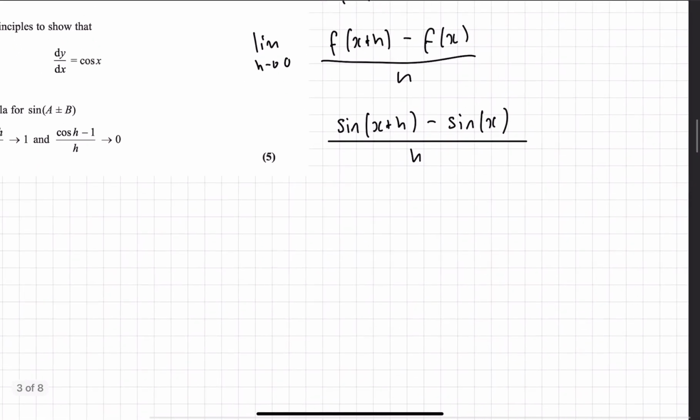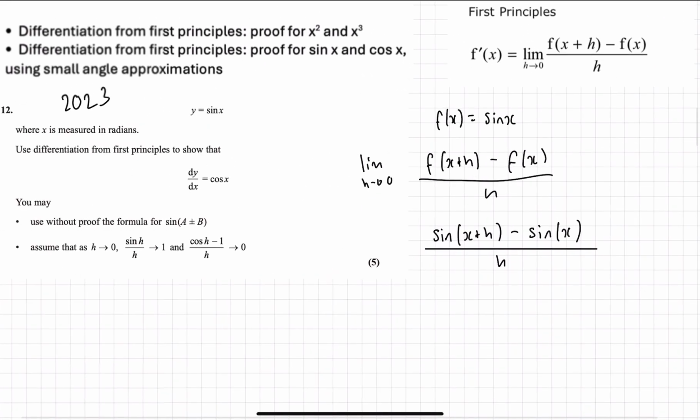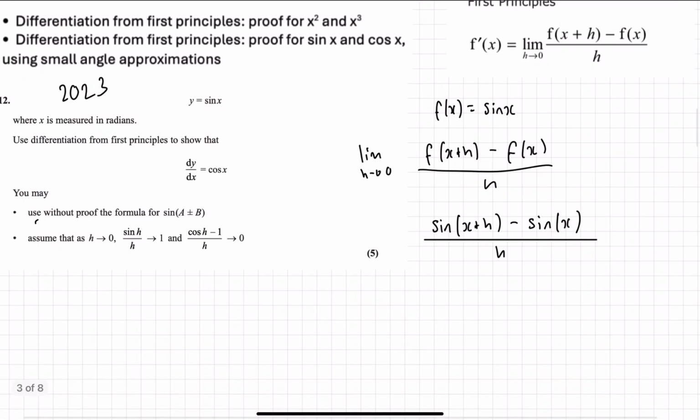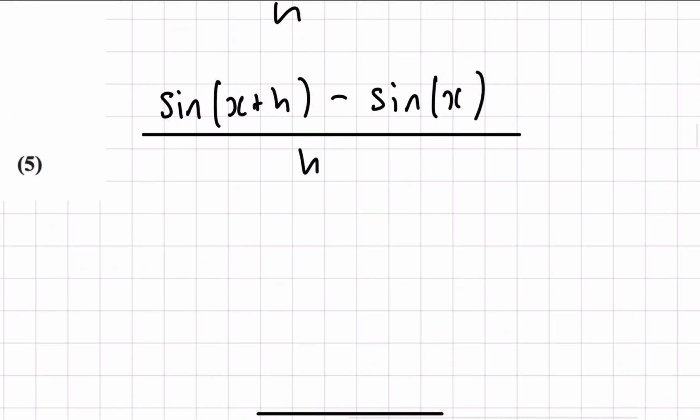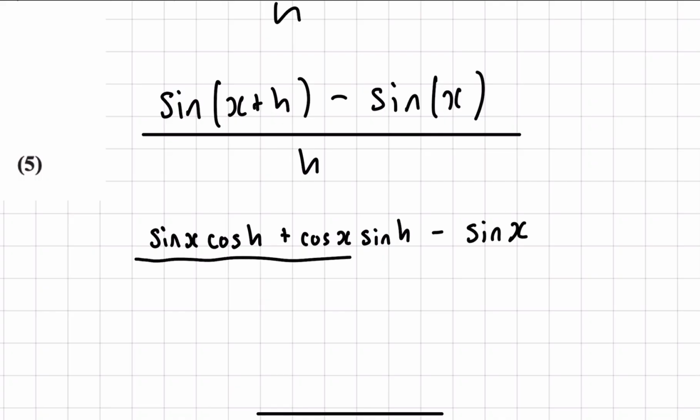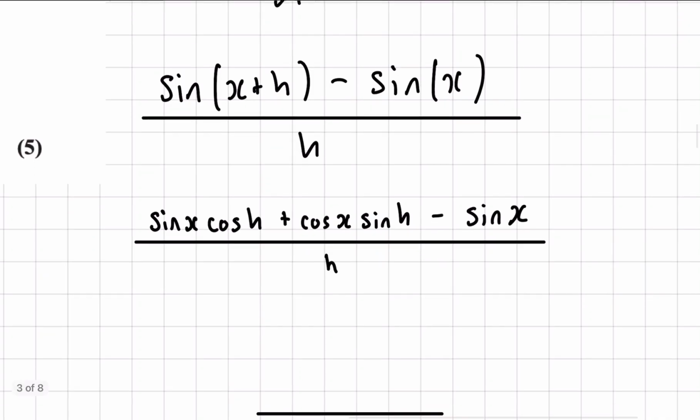So the compound angle formula, we can use it. It says in the question that we can use it without a proof, so that's good. So we're looking at sine x cos h plus cos x sine h take away sine x all over h.